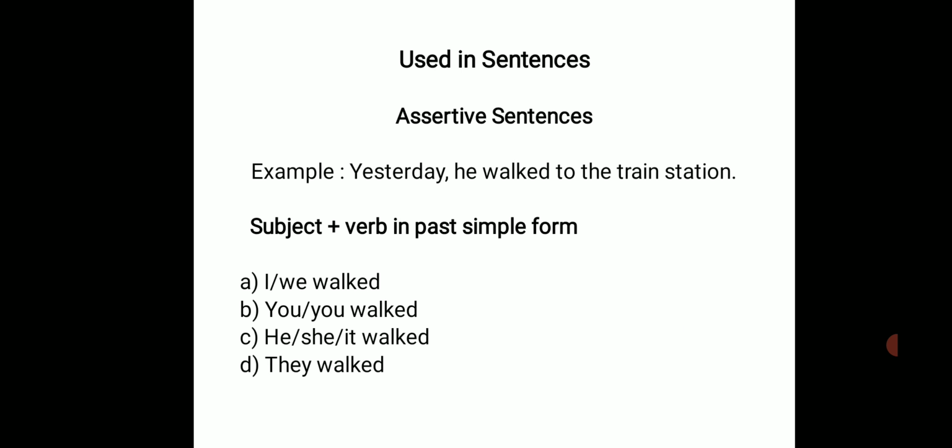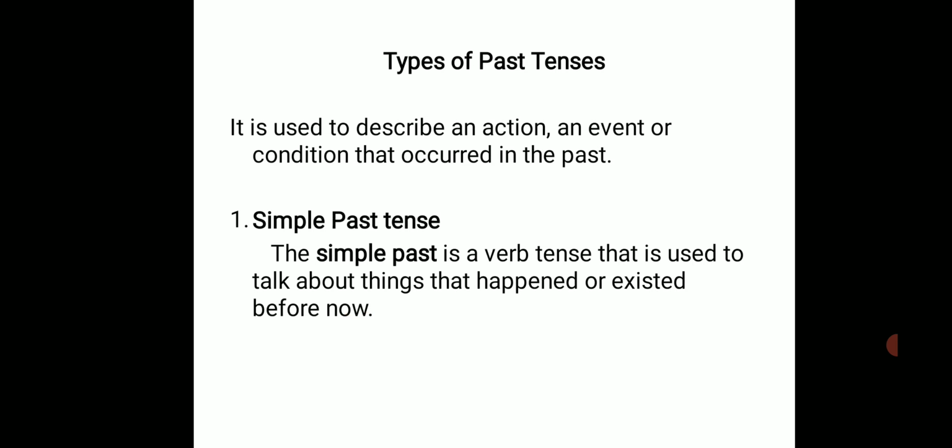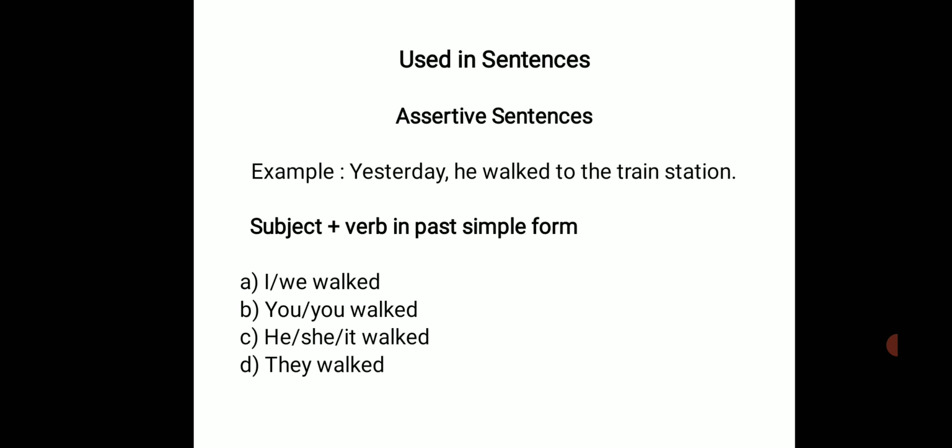Look at the structure of simple past tense. Just the subject, verb in its past form that we call V2. Now, I walked, I or we, subject, walked. Now in present it is walk, and in past it is walked, right? In the same way, you talked in the class.